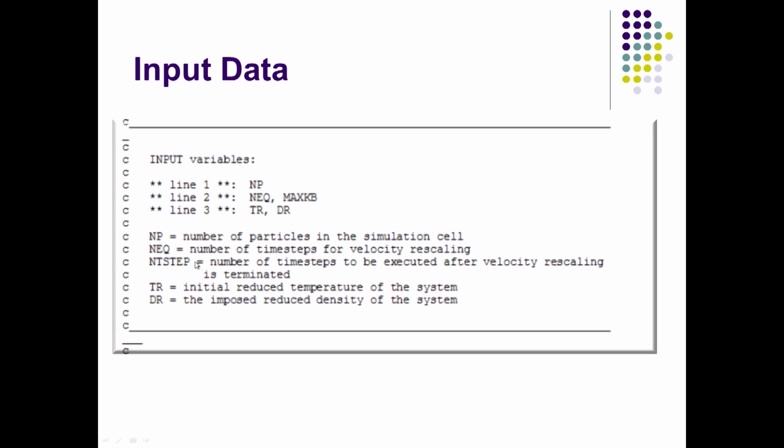NP is number of particles, NEQ is equilibrium number of steps, max kV maximum number of steps, TR and DR. So, these are the parameters defined either inside the system with a data file that the system would read, or you can interactively put that in as you interact with the program. So, the program will ask you what is the number of particles, what is the number of equilibrium steps, what is the maximum number, you start putting in.